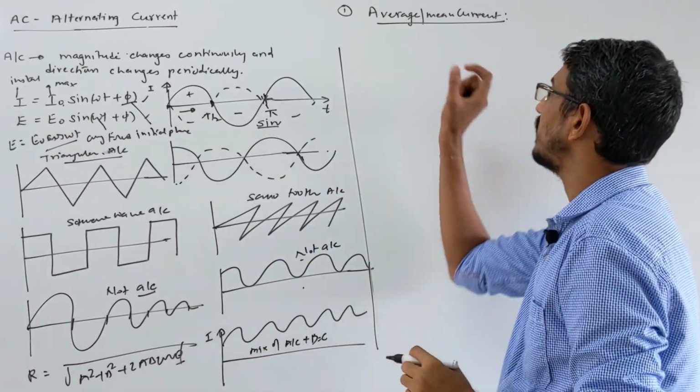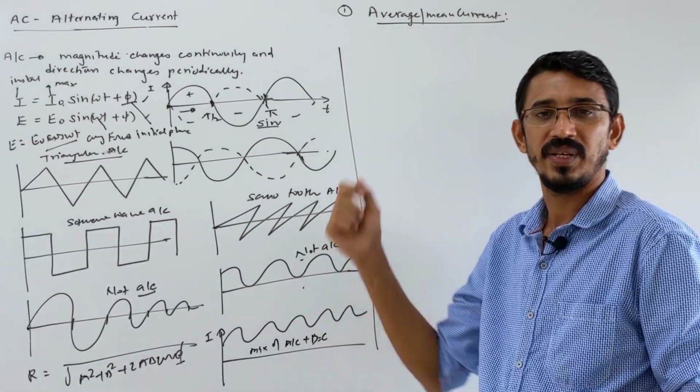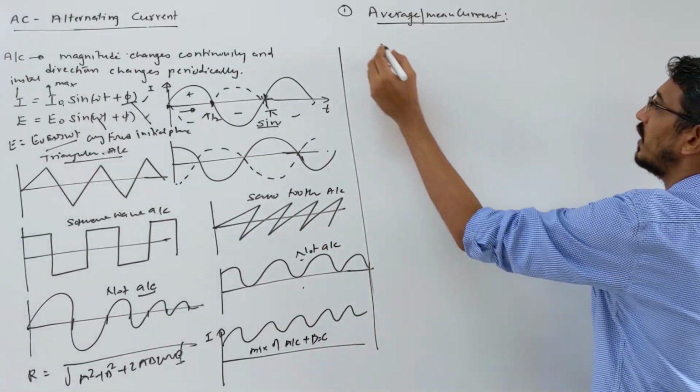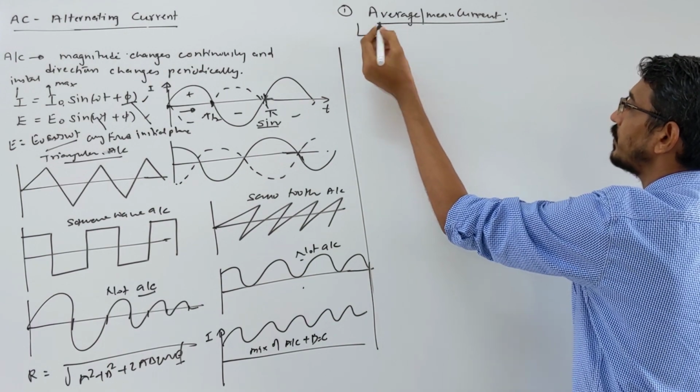So we have some definition here, and from the definition we get the average value. What is the definition of this actually? Let's write here.